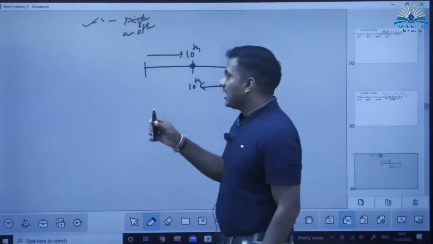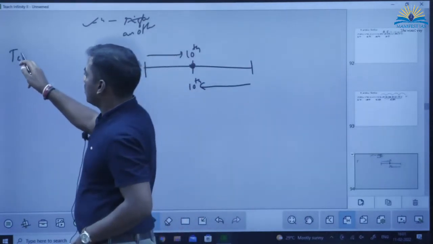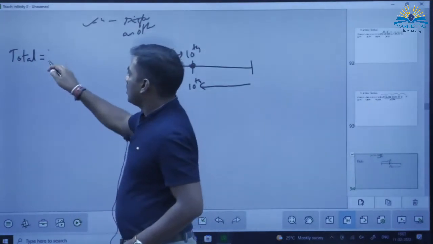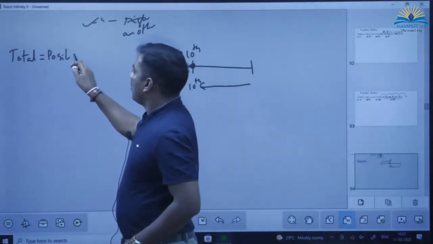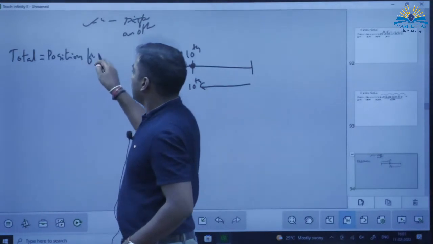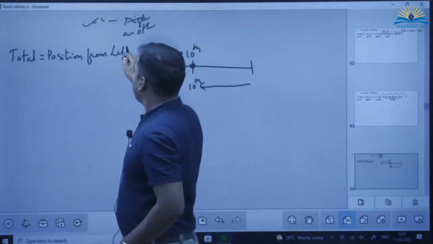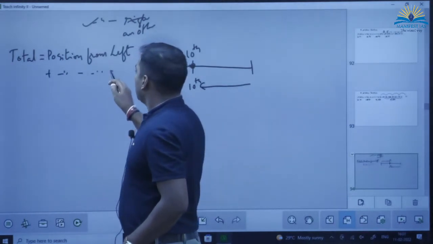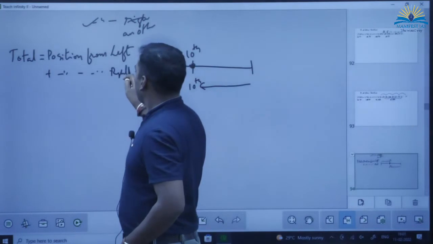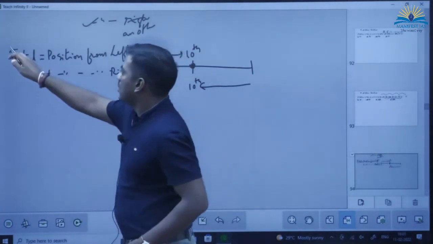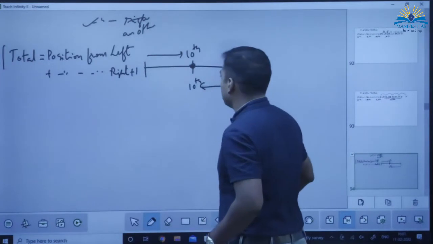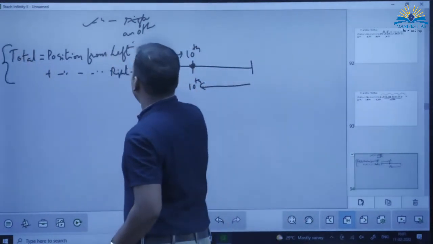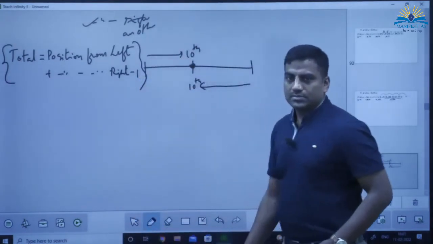So whenever we are finding the total, it is position from left plus position from right minus 1. So you should be applying this.